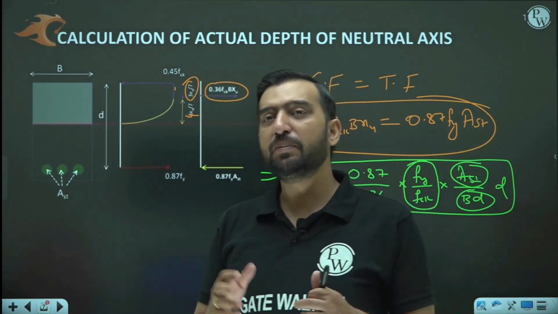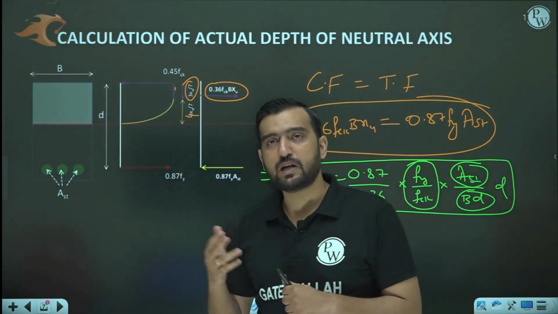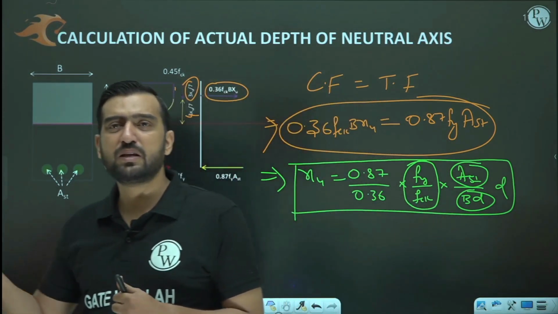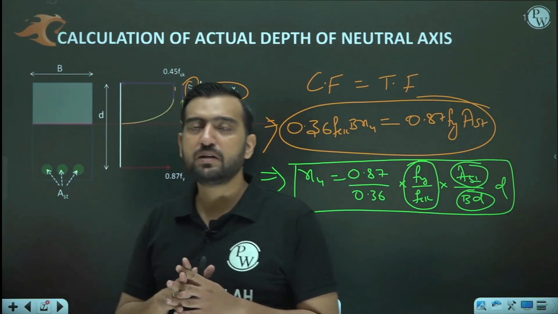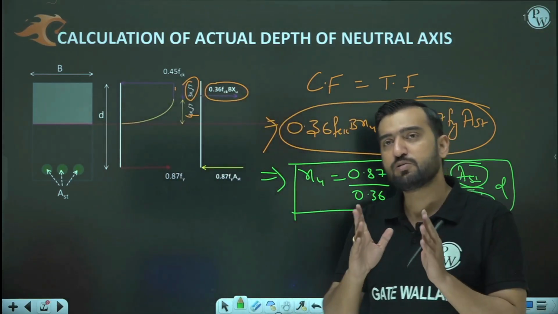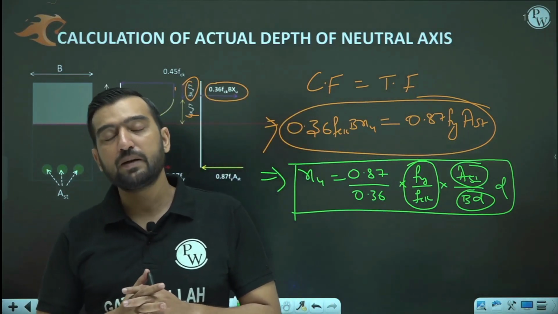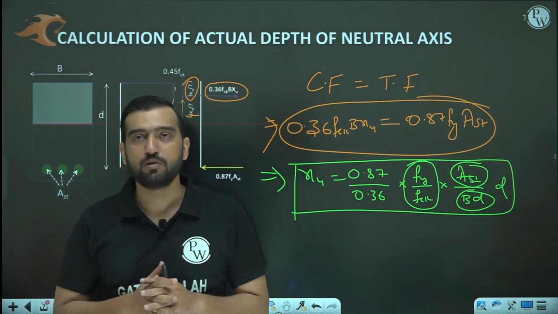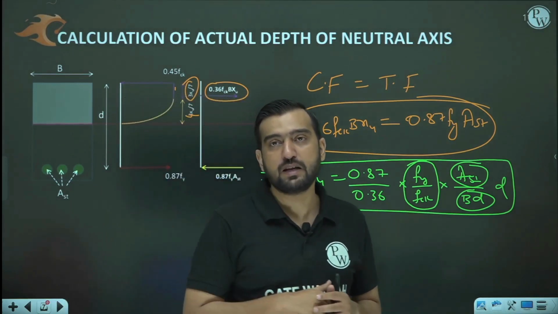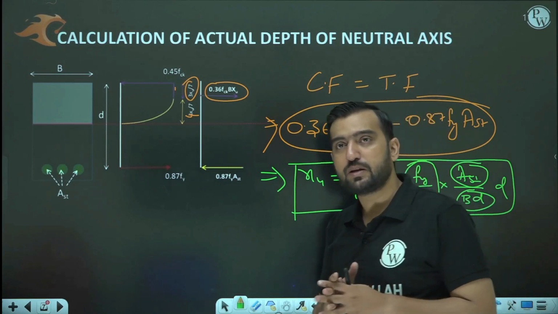Okay, it is independent of geometry. It doesn't matter whether you are talking about a rectangular beam, triangular beam, circular beam, or any kind of beam. So limiting depth of neutral axis has nothing to do with the geometry. It only has to do with the grade of steel. Okay, but actual depth of neutral axis depends upon so many actual criteria like percentage of steel, cross section, geometry and all.